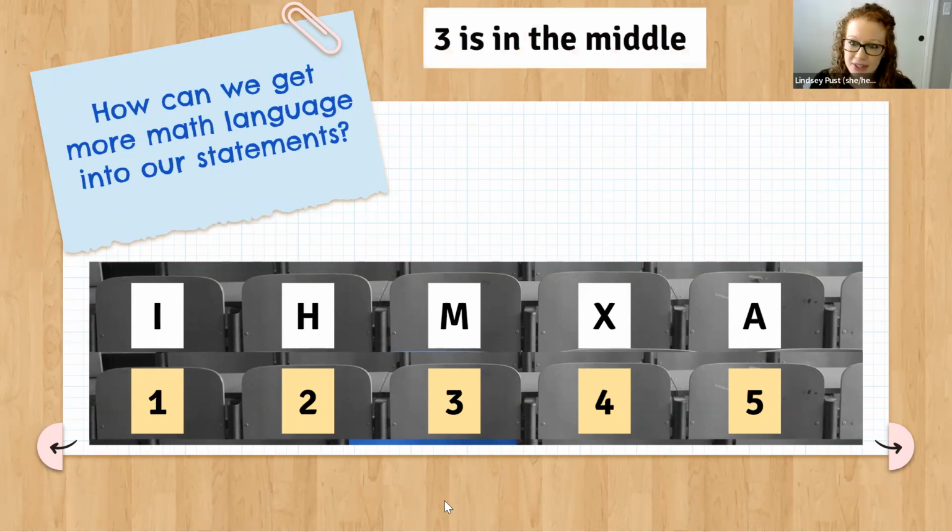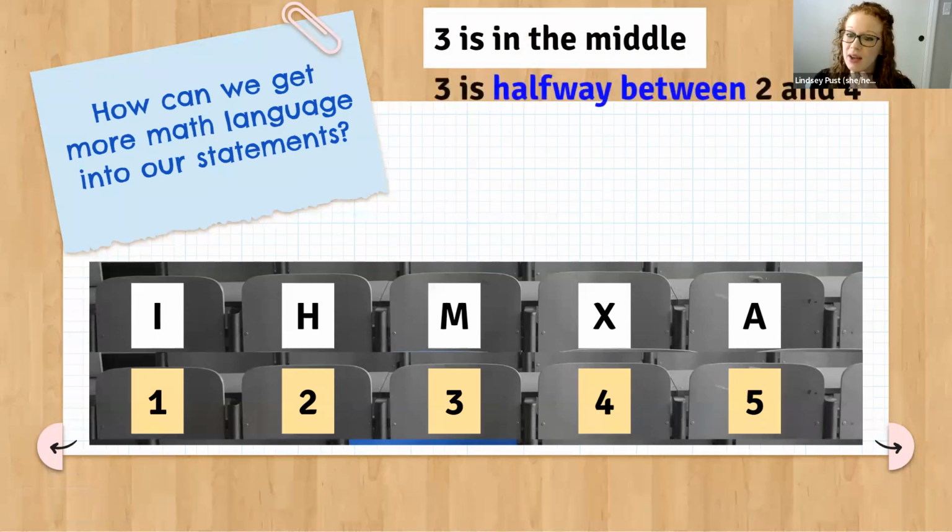So instead of saying 3 is in the middle, for example, another way that we could say that using more math language, we could say 3 is halfway between 2 and 4. So that means that 3 is in the middle of 2 and 4. It's halfway between these two numbers.